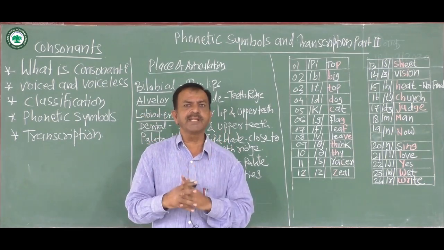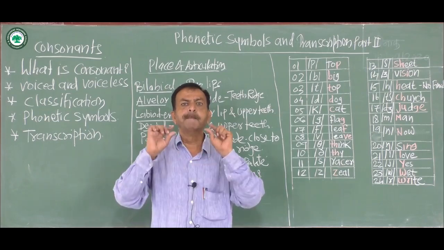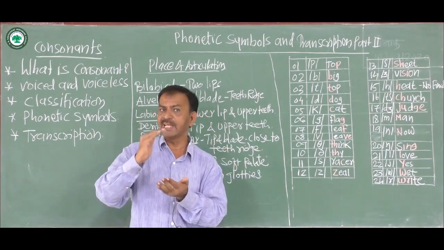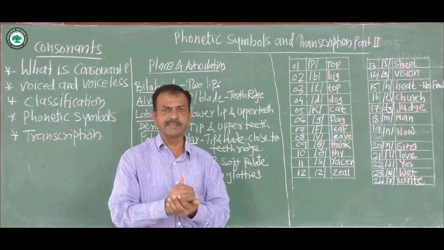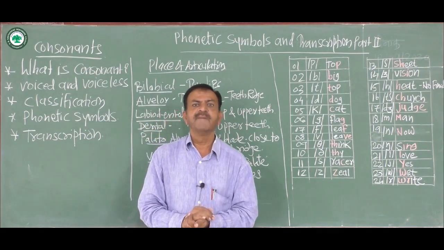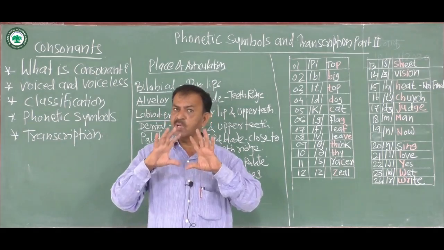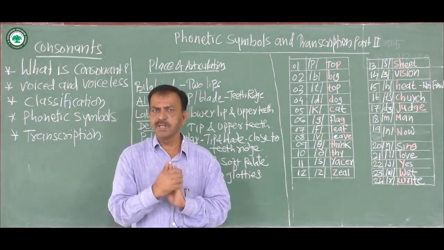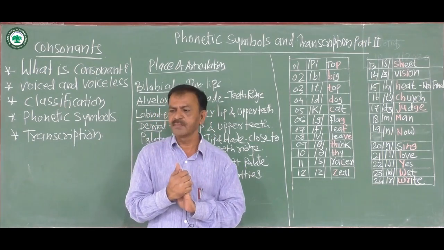For example, take P: the air is obstructed, blocked completely. But when we say F, the air is not completely blocked. There is a partial blockage.